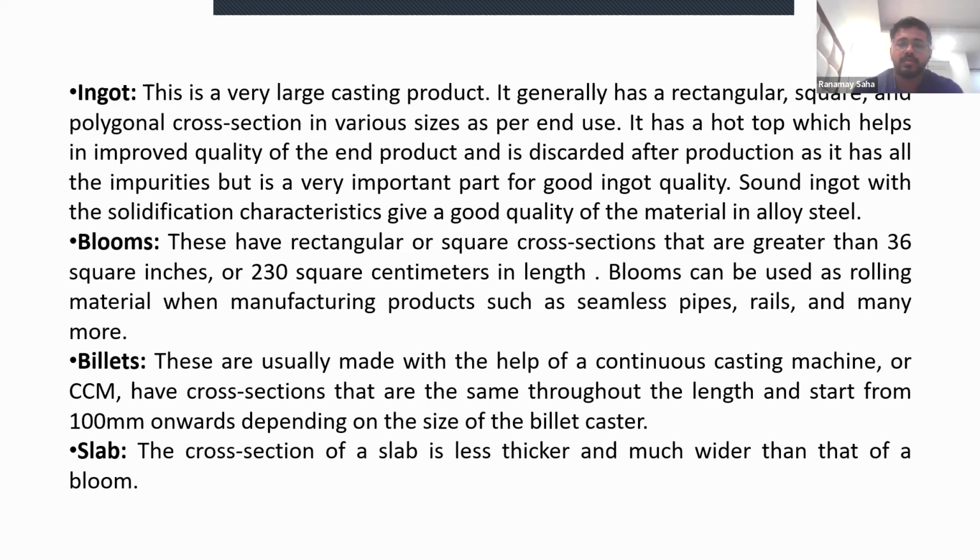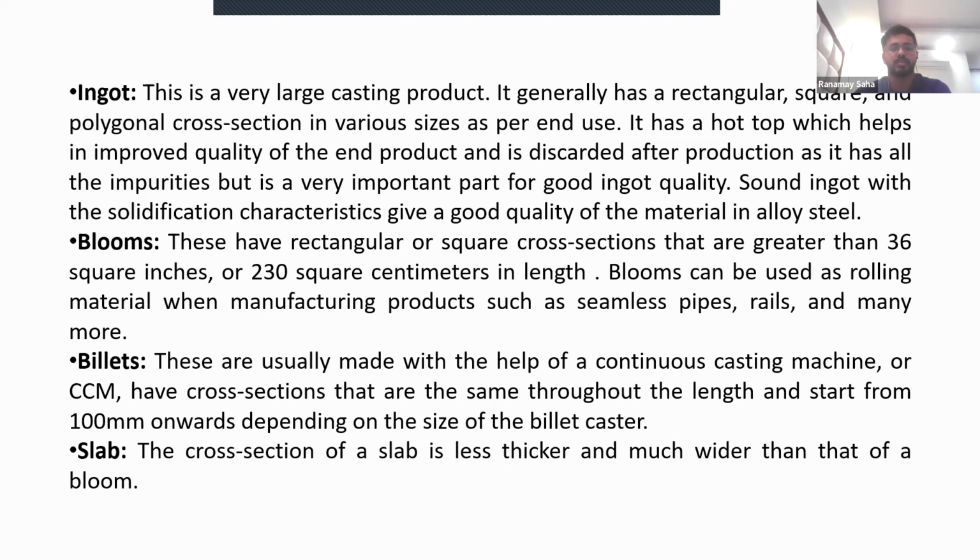It has a hot top which helps in improved quality of the end product, and is generally discarded after production, because it is a very raw product and has many impurities, but is a very important part for good ingot quality. So from ingot, we then look into blooms, billets, and slabs.